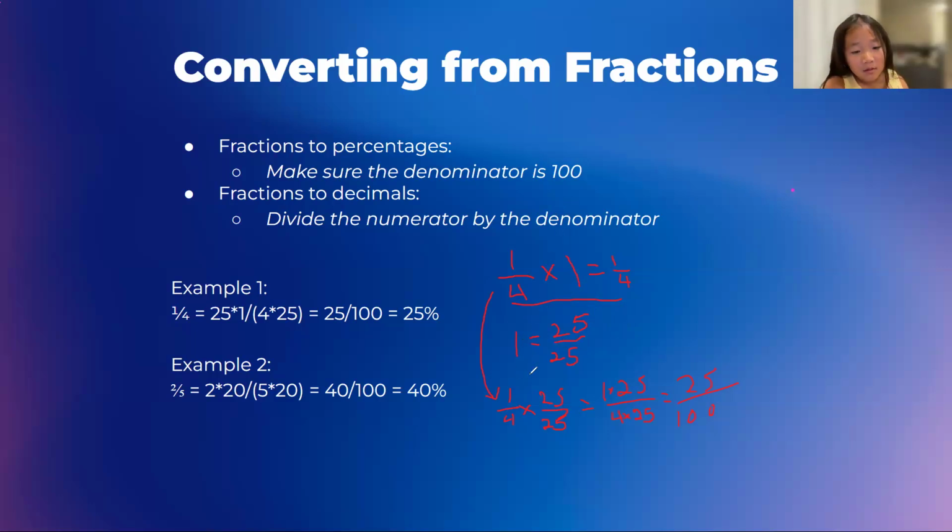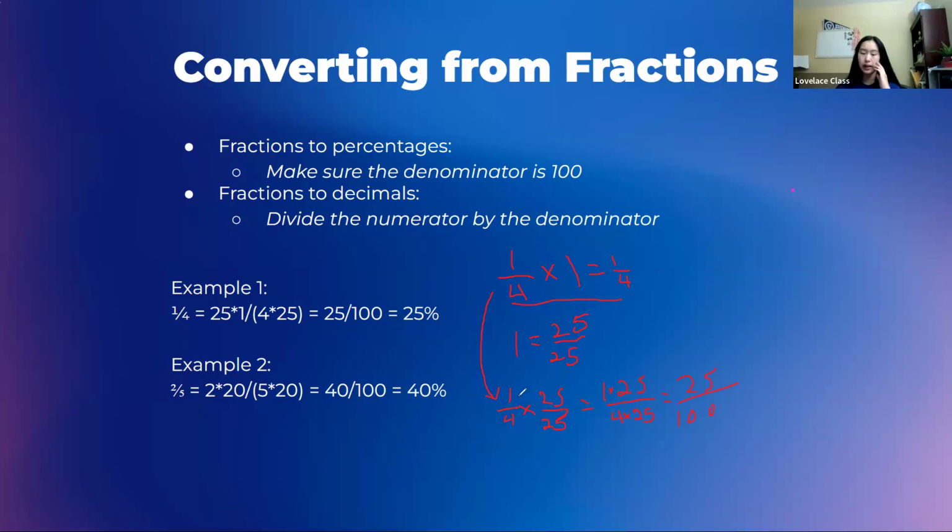Okay, perfect. So then we're trying to multiply fractions. So how do we multiply fractions? Well, like we said before, we have a numerator and then we have a denominator, right? In this case, how you multiply fractions is that you multiply their two numerators. So you take 1 times 25, and then you divide that.